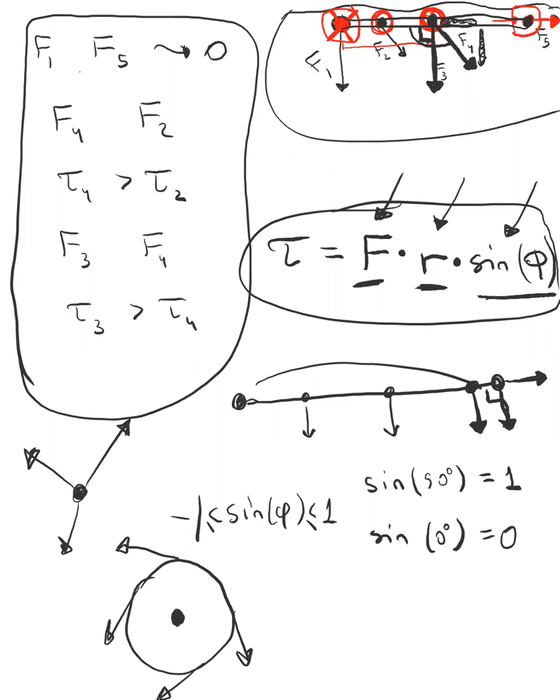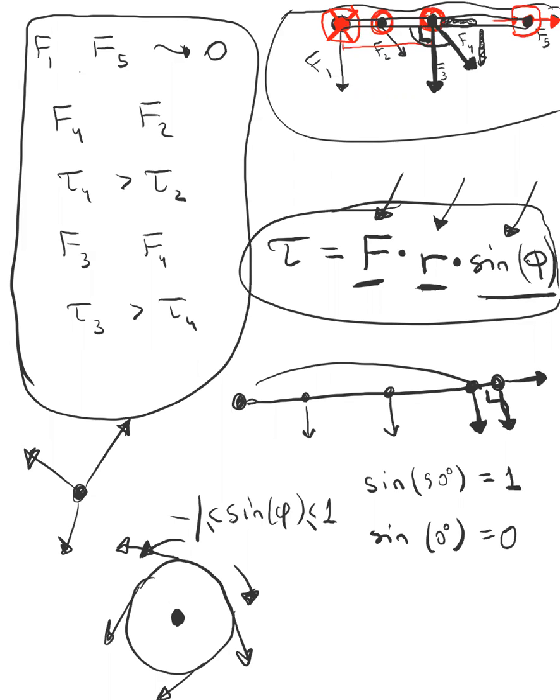My torques could be attempting to rotate the object clockwise, or they could be attempting to rotate this object counterclockwise. Those are the only 2 possibilities once the pivot point and the axis of rotation are fixed.